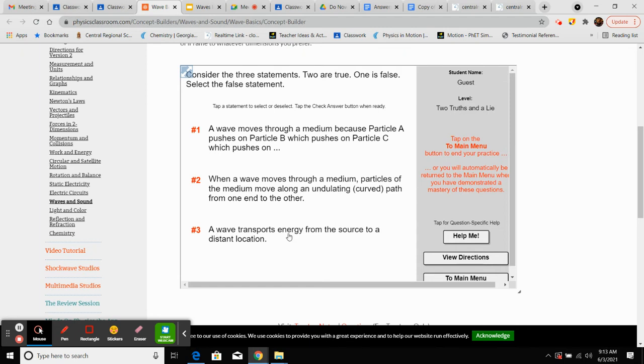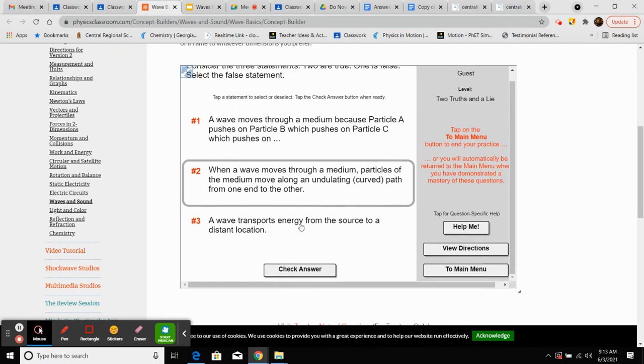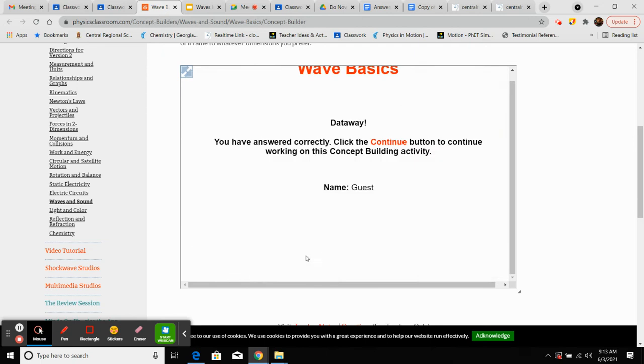Not really sure. A wave transports energy from the source to a distant location. All right. Which one to be thinking? You think this or number two? Number two? I think so. Good call.